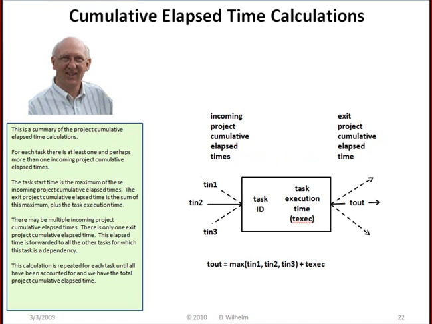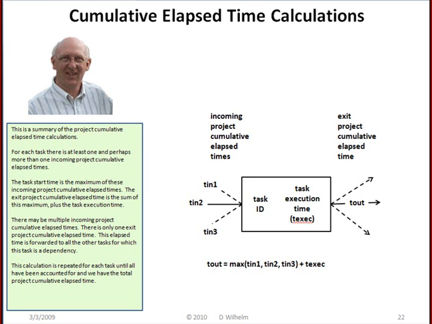This is a summary of the project cumulative elapsed time calculations. For each task, there is at least one, and perhaps more than one, incoming project cumulative elapsed time. The task start time is the maximum of these incoming project cumulative elapsed times.